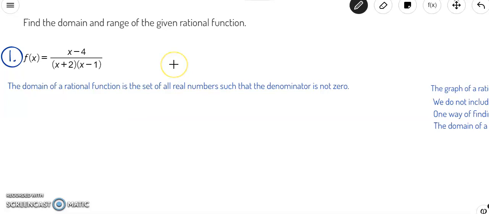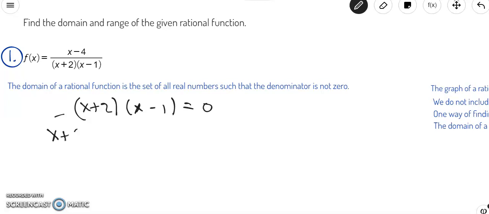So focus tayo sa denominator, which is x plus 2 multiplied by x minus 1. So, equate natin ang denominator sa 0. So, ang bawat factor ay equate natin sa 0.